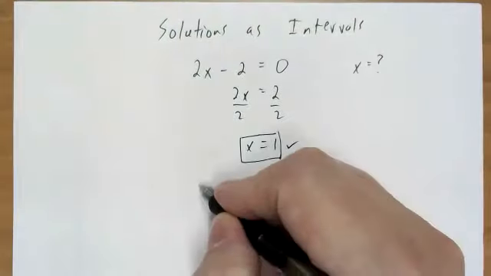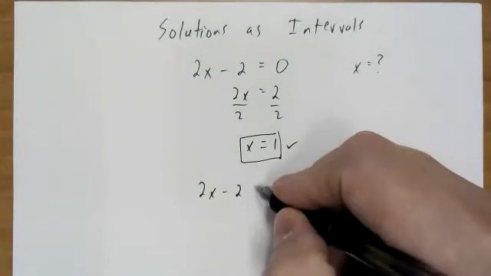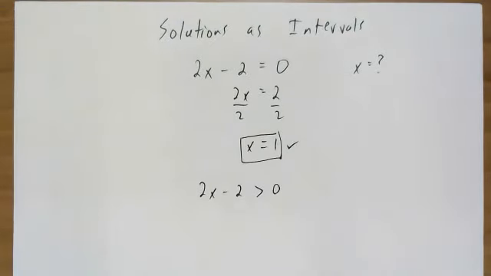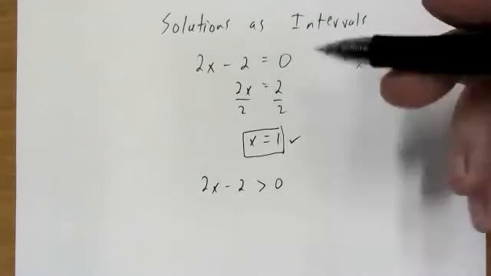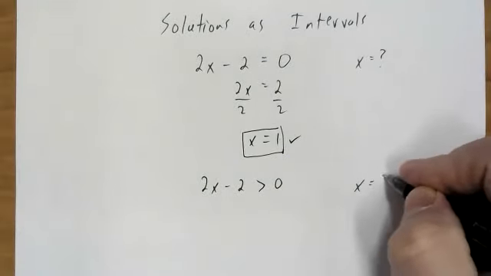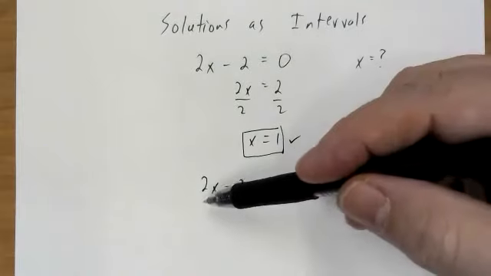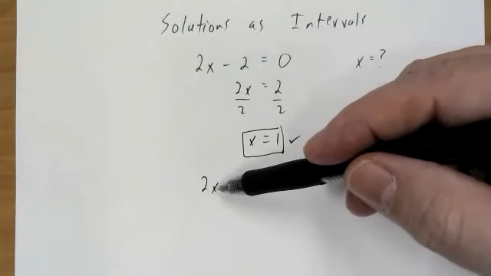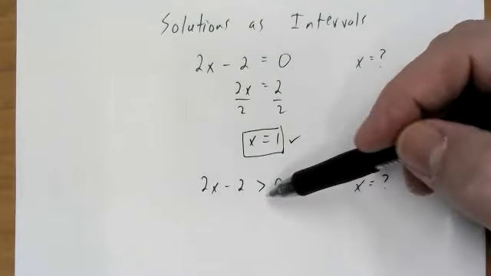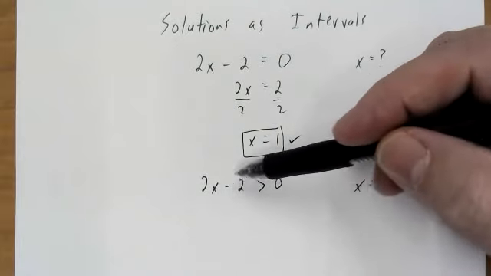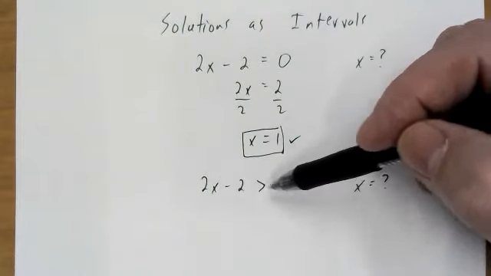But let's take this same expression, 2x minus 2, and now let's turn it into an inequality. So what we're saying here, when we are trying to solve this inequality, we are trying to find the values of x that make this inequality true. You know, if you plug in a certain number for x, is it going to be true?